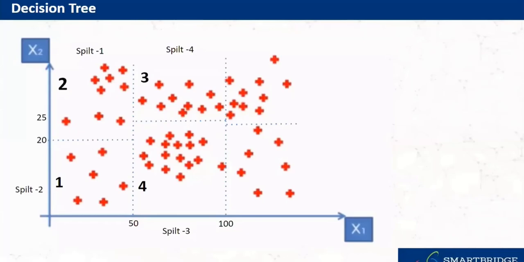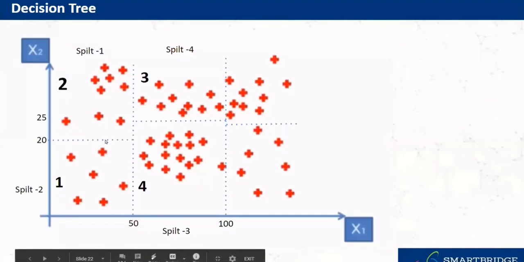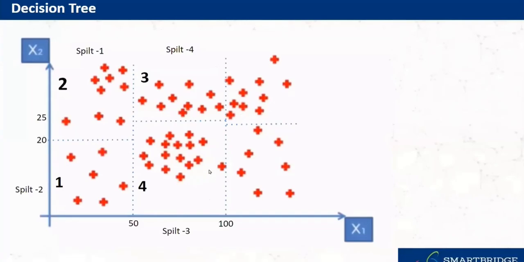So how can you say that these splits are perfect? This again comes under mean square error. First, some splits are drawn randomly. After getting the output, it will check the predicted value against the actual output value.